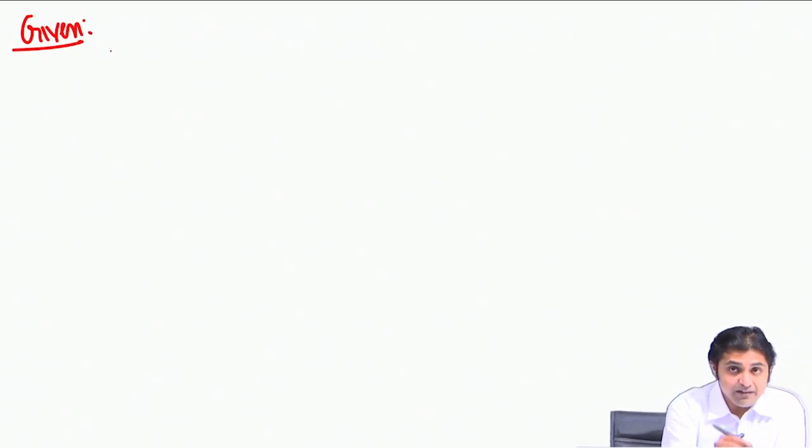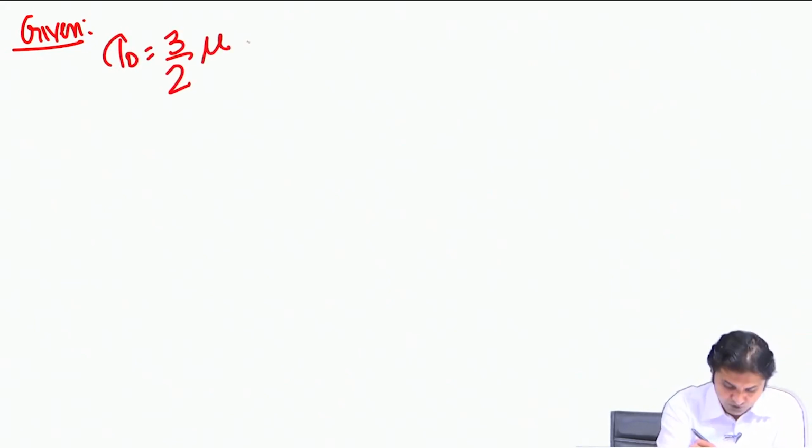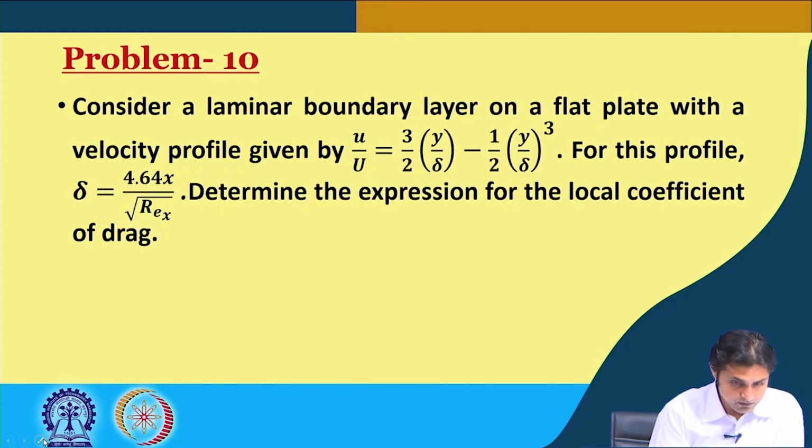For the given profile, we have already derived that tau naught is 3/2 times mu times U. Sorry, I'll write it again.